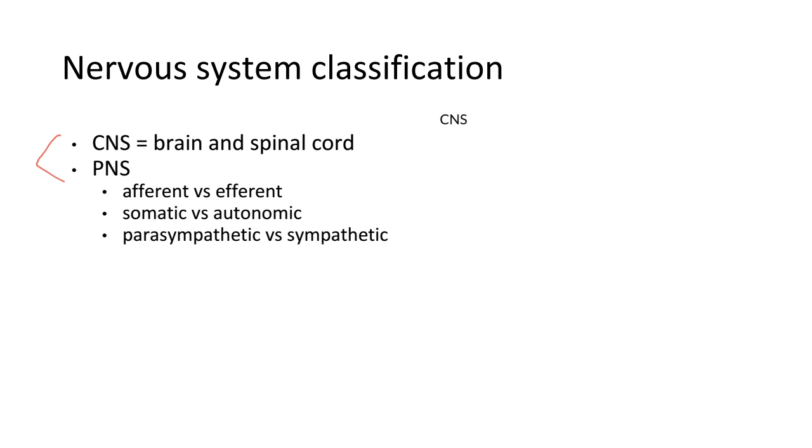The PNS is the peripheral nervous system. Okay, so these are our two basic nervous system divisions. And the central nervous system is pretty straightforward. All that's in that central nervous system is the brain and the spinal cord. So those are our two parts that are involved in the central nervous system, and that's it.